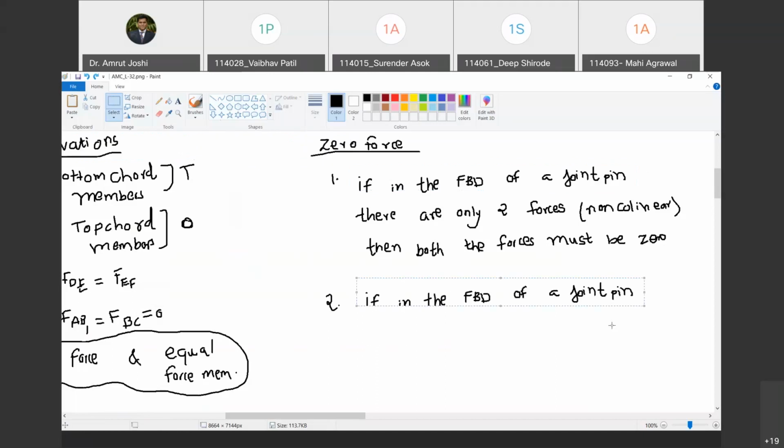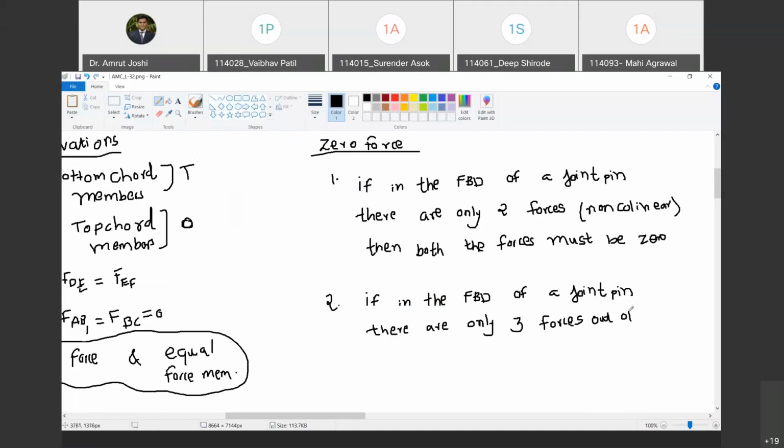If in the FBD of a joint pin there are only 3 forces, are you with me? Yes, sir.